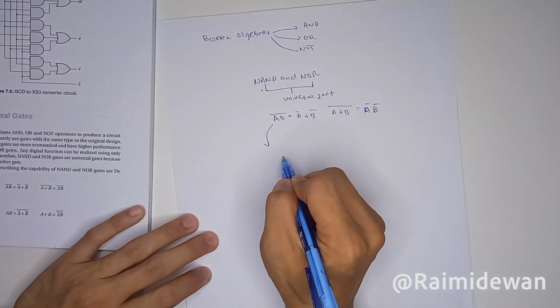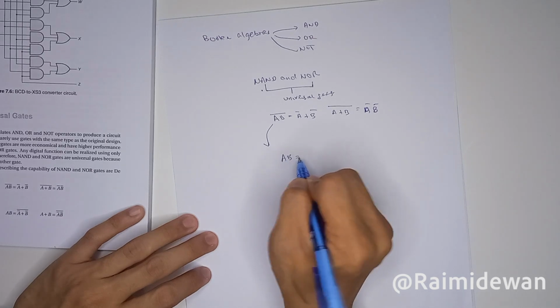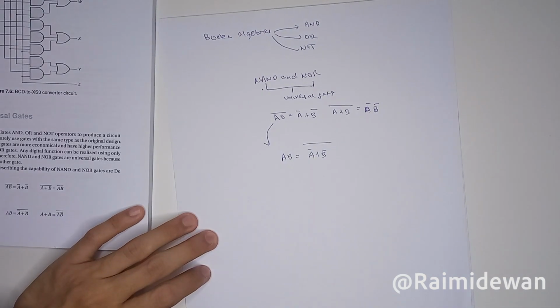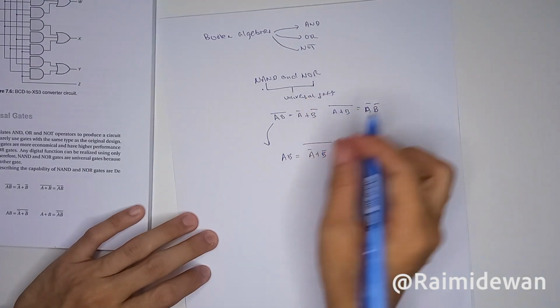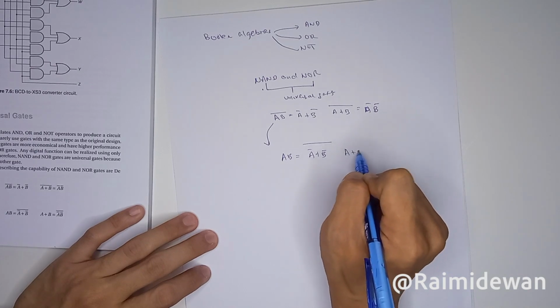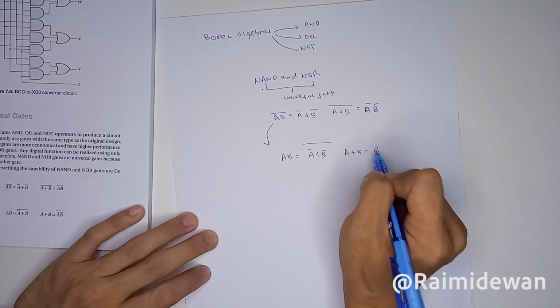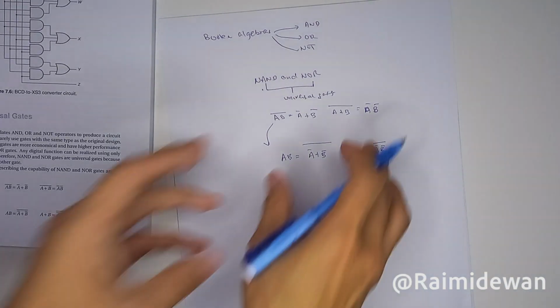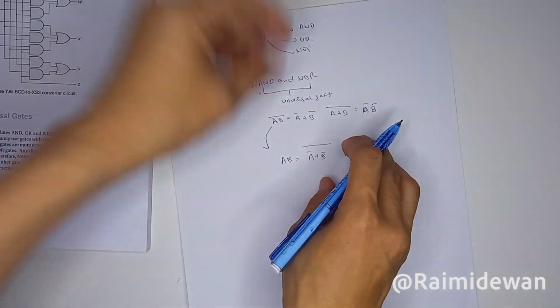The other way is that you have A bar plus B bar, and you have the big inverter. Then (A plus B) bar equals A bar B bar. So this is what is implemented in the NAND or NOR gate.